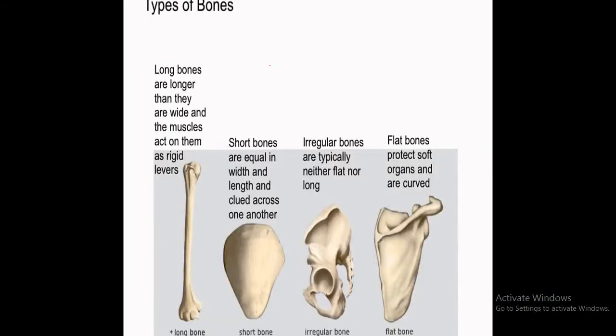Now there are types of bones: long bones, then short bones, irregular bones, and flat bones. Long bones are longer than they are wide and muscles act on them as rigid levers. Irregular bones are neither flat nor long.